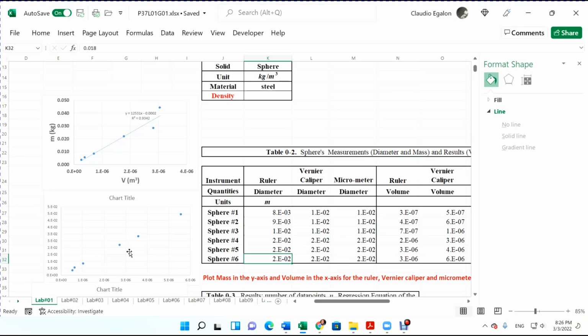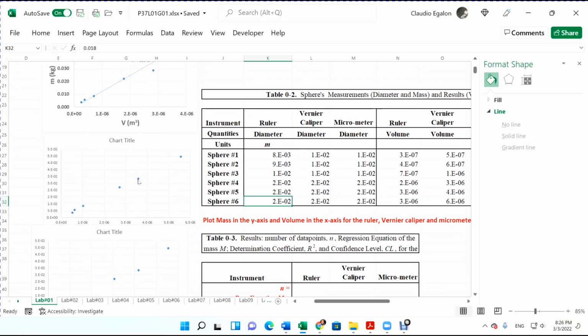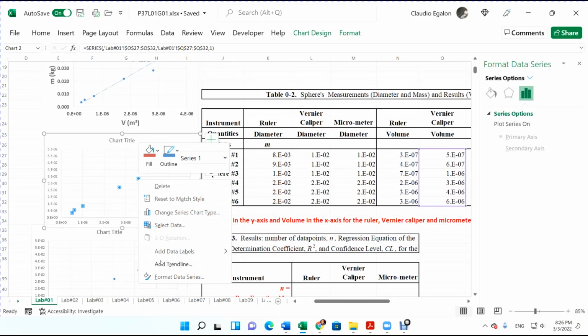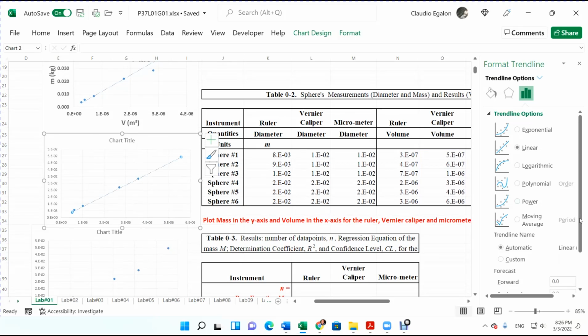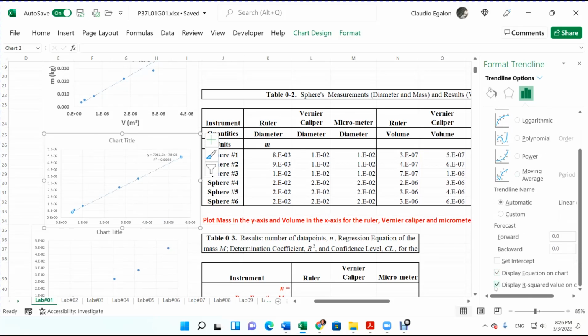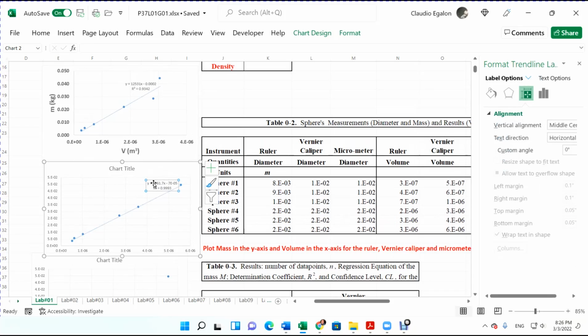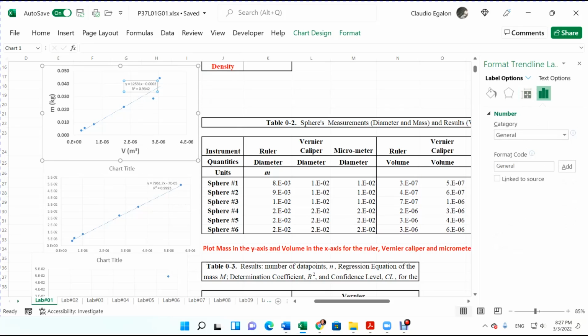And you do the same for the vernier caliper and the micrometer. Now take a look at what you get for the slope. See, 7,961 is a more reasonable value. Then 12,000: you are getting this poor value again because of this guy right in here.